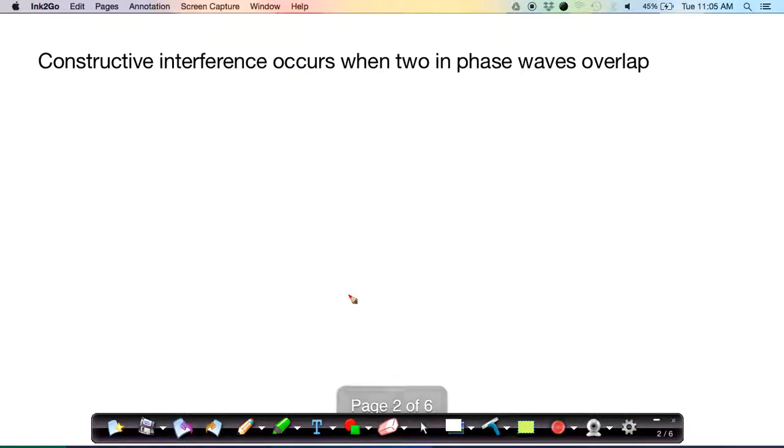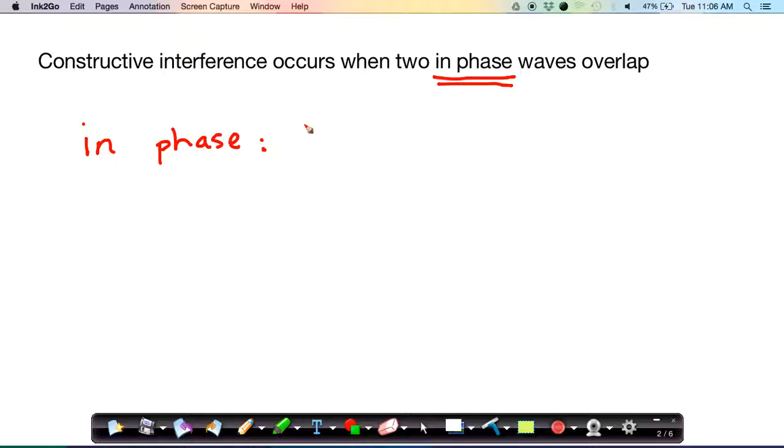So constructive interference occurs when two in-phase wave pulses overlap. So we need to define this condition of waves being in phase before we can really look at constructive interference. When we say that two waves are in phase, there are a lot of different ways to define this or to think about the phase relationship of waves.